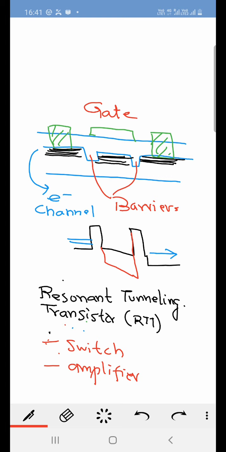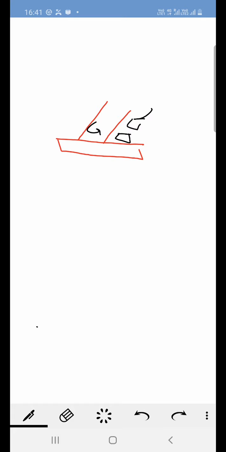in a device like this, that you have a gate here. This is a gate, SG, and we have small RTDs. So these are small resonant tunneling diodes.